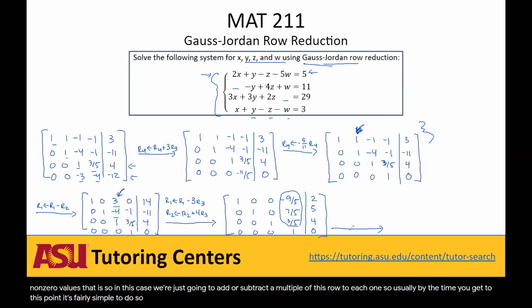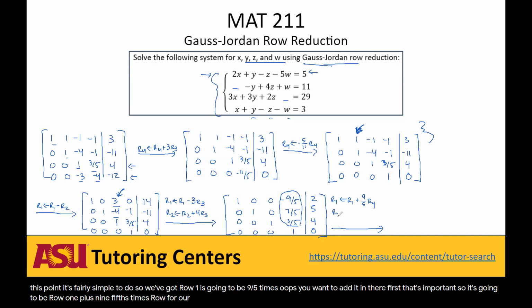So row 1 is going to be 9/5 times, oops, we want to add it in there first, that's important. So it's going to be row 1 plus 9/5 times row 4.